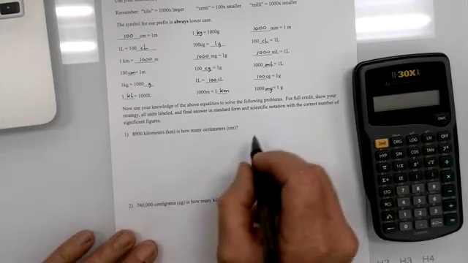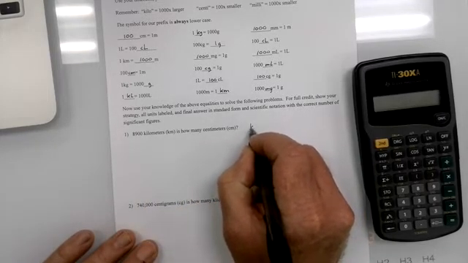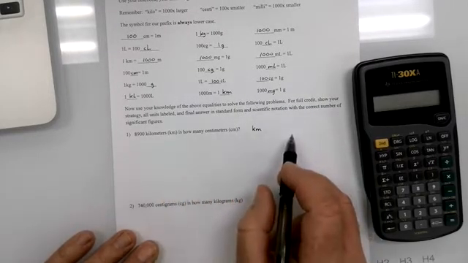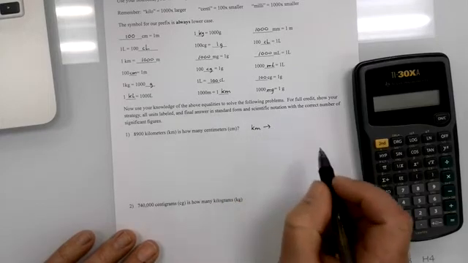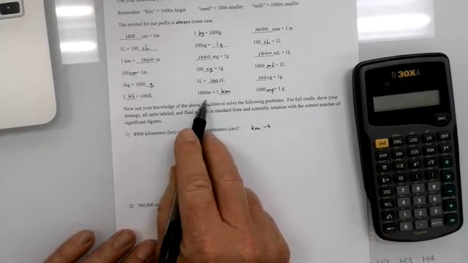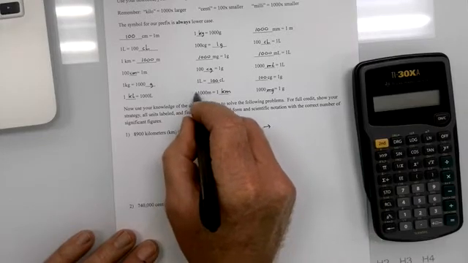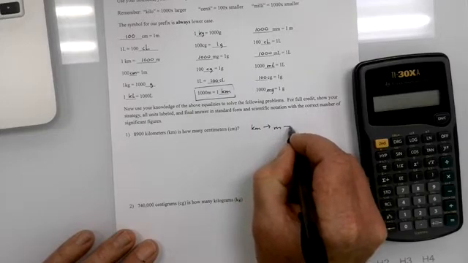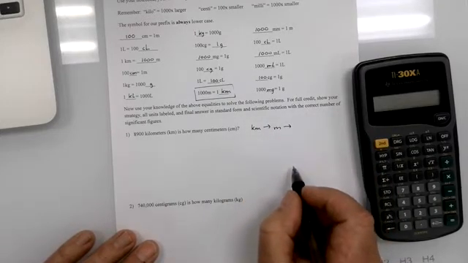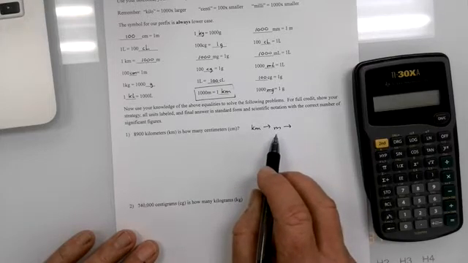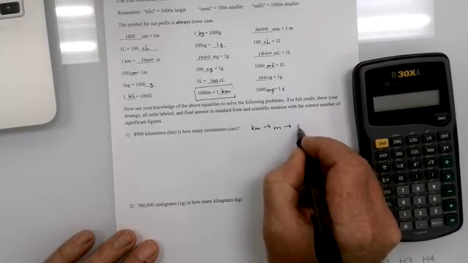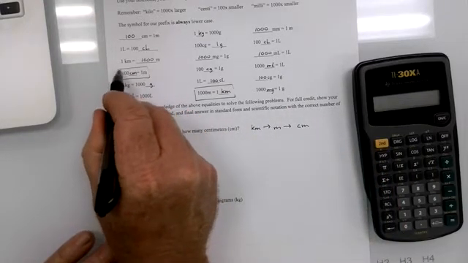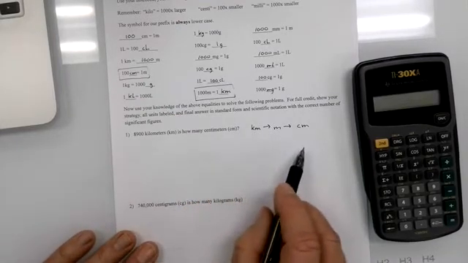So our strategy, we can't go directly from kilometers into centimeters, but we can go from kilometers to meters with this one that we generated earlier, and we also can go from meters into centimeters with this equality. Okay, so there's our strategy.